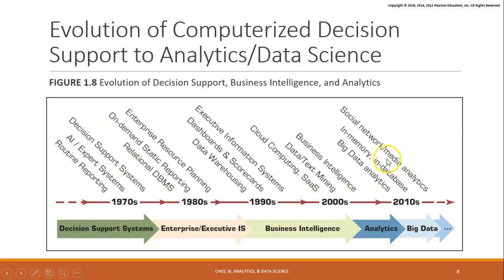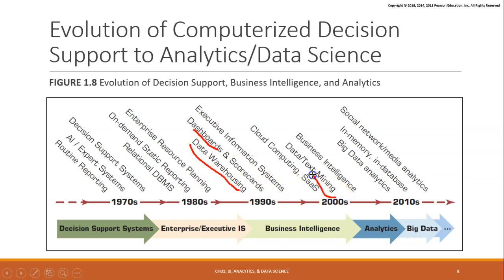Now, decision support has actually been around for a while. It's been around since way back in the 60s, in fact. So you can see in this figure 1.8 the evolution of decision support, business intelligence, and analytics. And if you really take a look at this, it's really interesting. In the 90s is really where we started looking at dashboards and data warehouses.